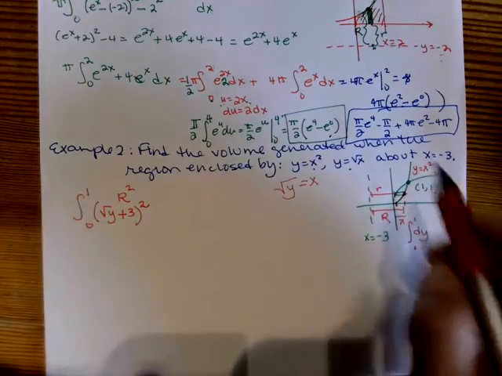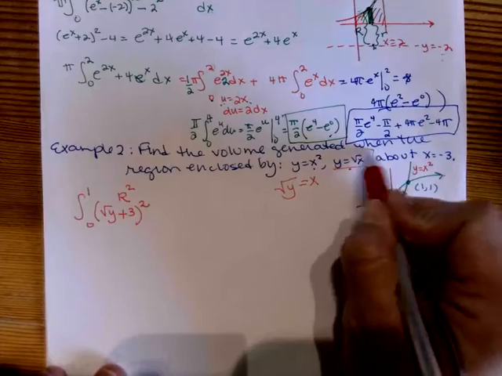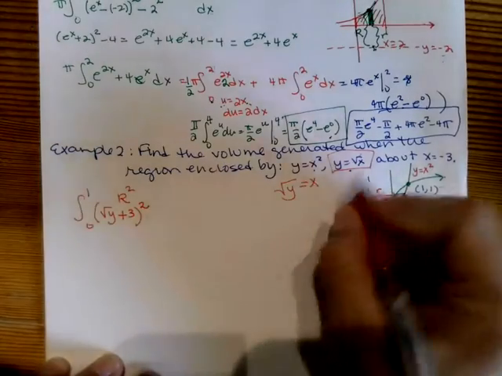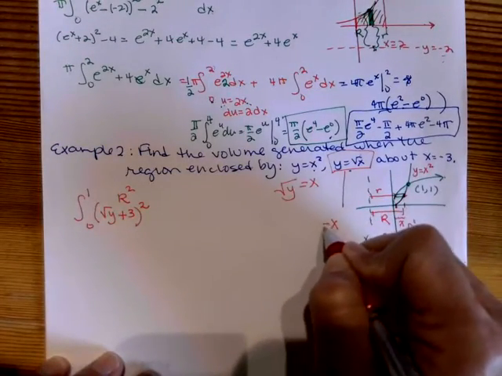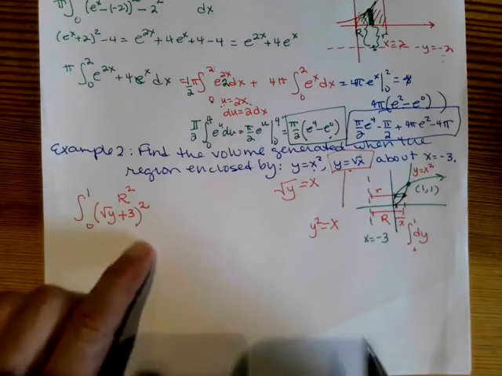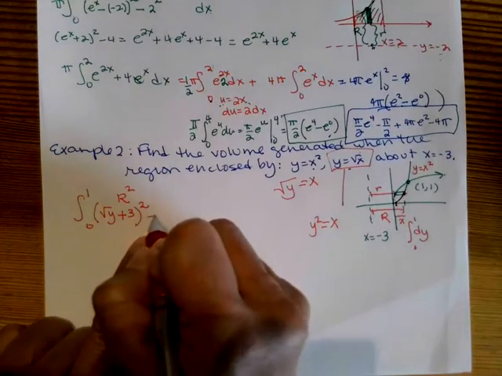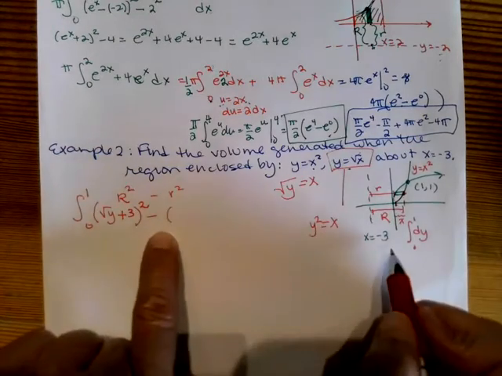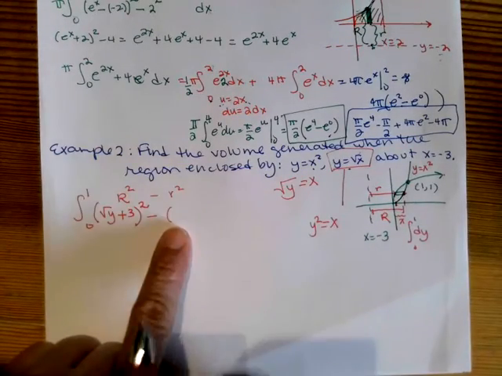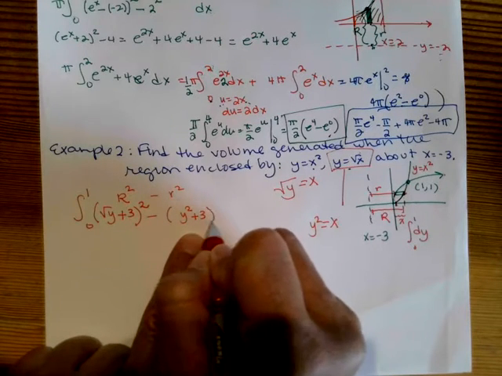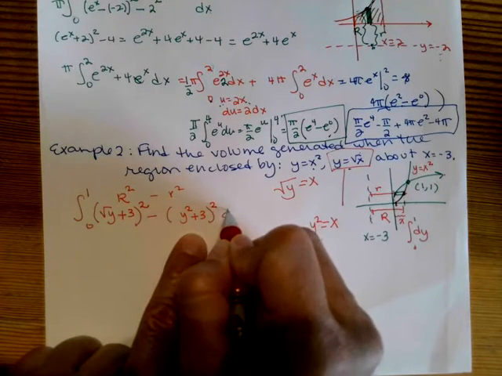So for this one, I'm looking at the y equals square root x part, but I need to solve for x in terms of y. So for this one, x equals y squared. So it's big R squared minus little r squared. For my little r squared, it's going to be y squared plus 3 squared dy.